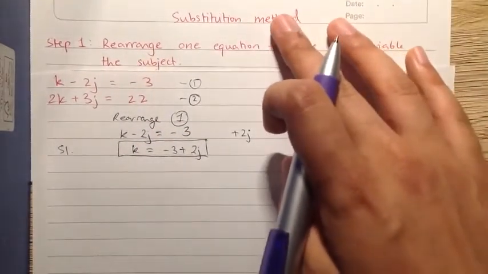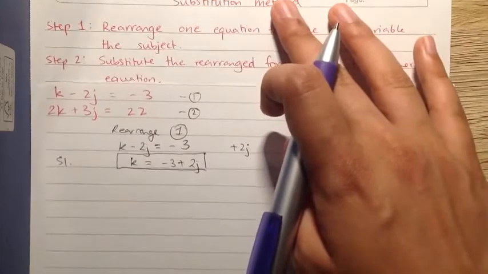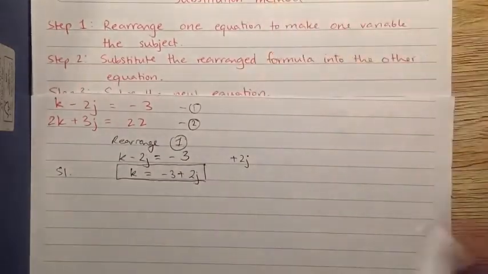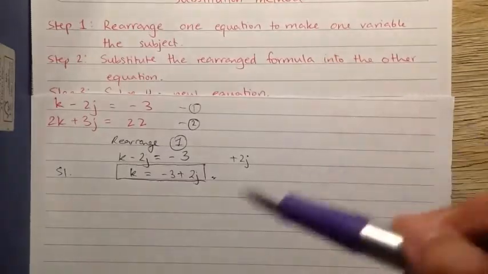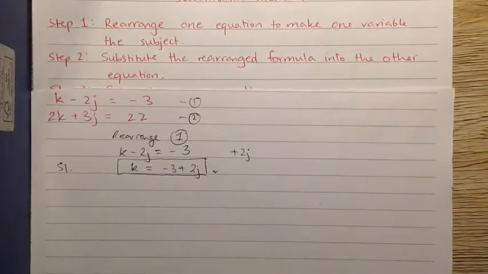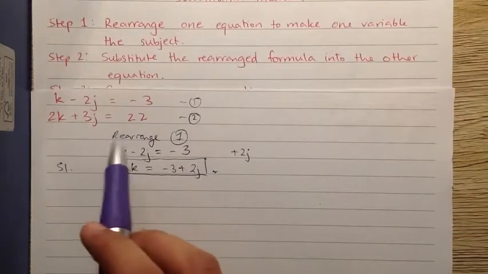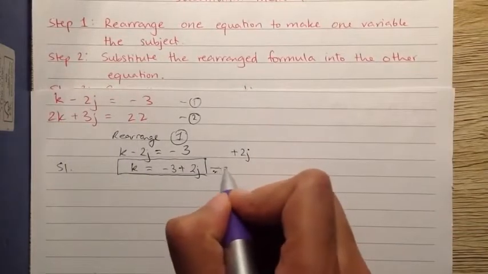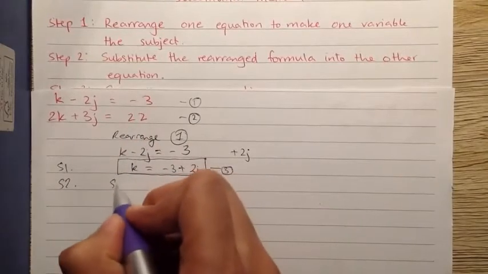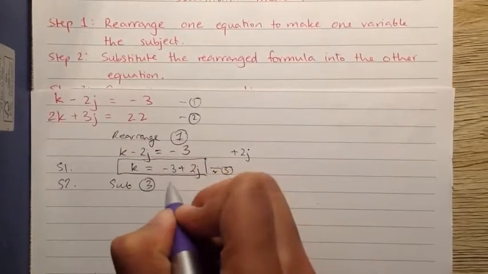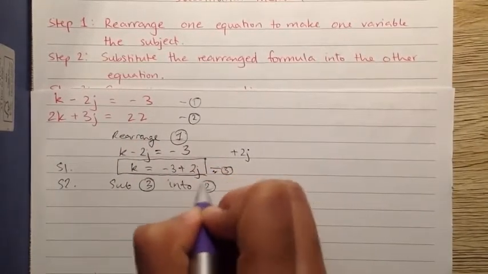So the next thing to do is substitute the rearranged formula, which is this, back into the other equation. So the other equation we have is 2k plus 3j equals 22. Let's call this 3. So for step 2, we want to sub 3 into 2.